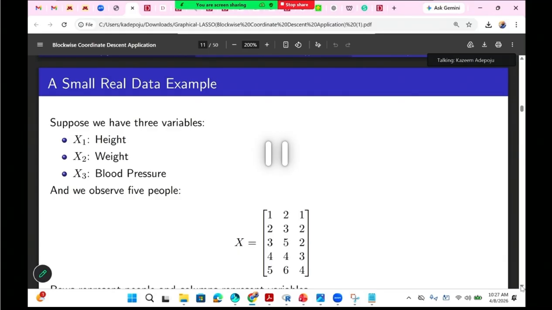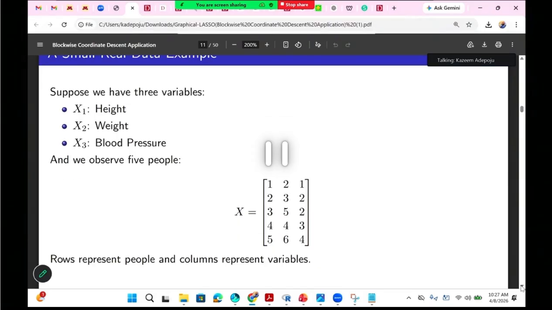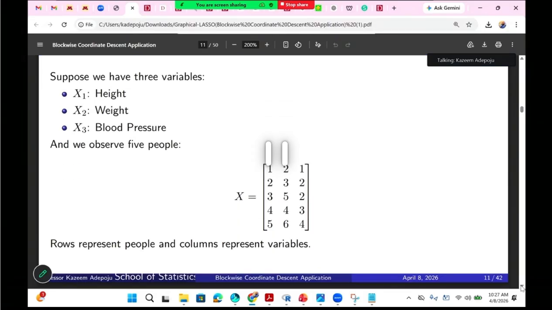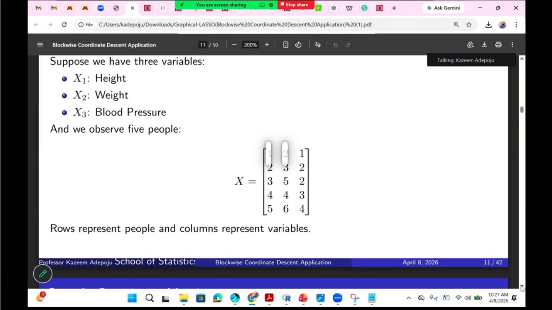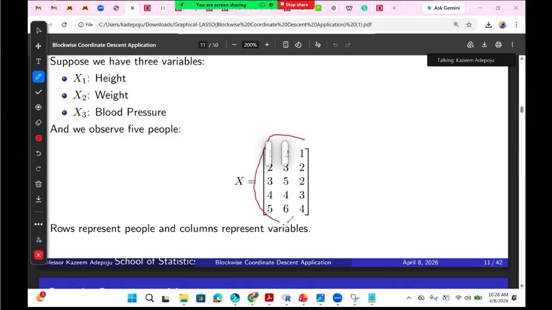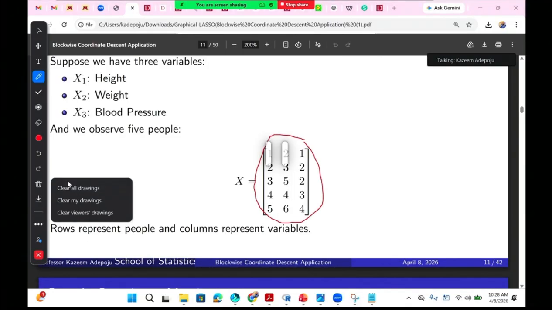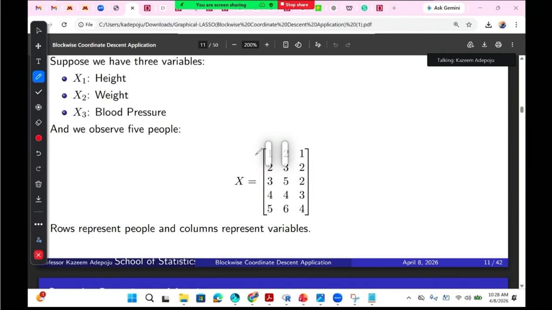Okay, now let's say we have 3 variables: height, weight, and blood pressure. We got 3 features. Okay, and this is the data frame. We got this from 5 people. This is for person number 1, number 2, number 3, number 4, number 5.